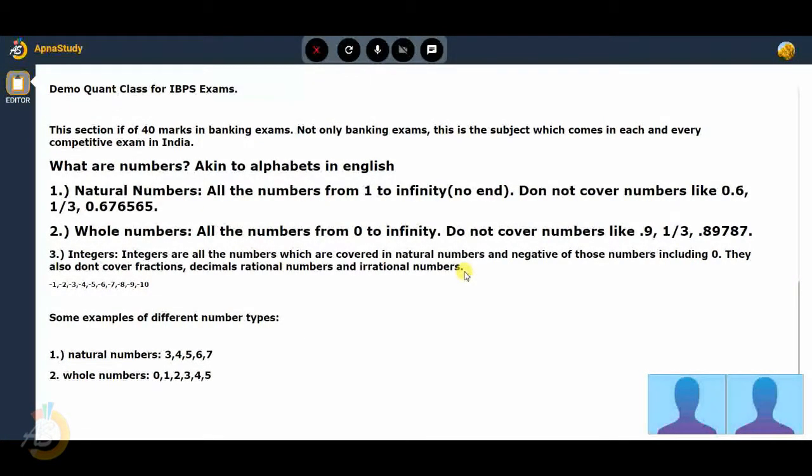Now our next part is integers. As we know, integers also include the negative part of a number, or we can say the negative numbers are also included in integers, but they also don't cover fractions, decimals, or any weird number like that. So let's discuss some examples of integers.